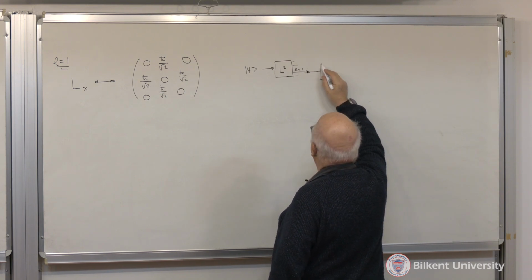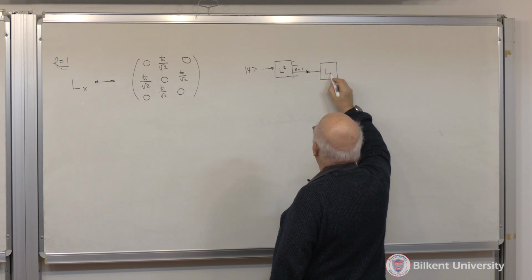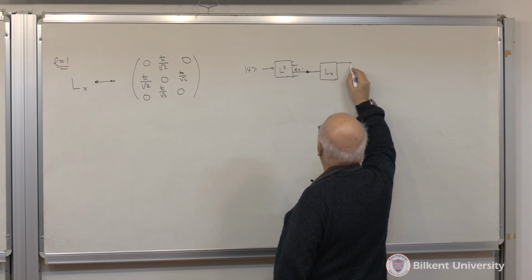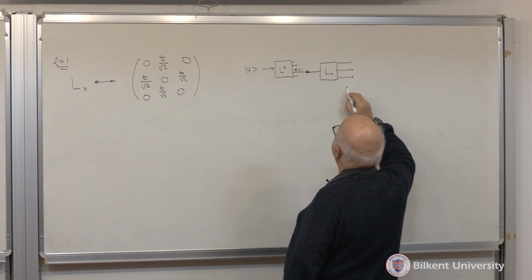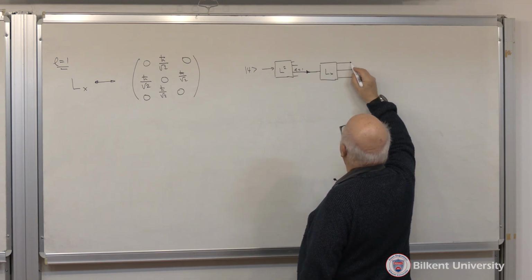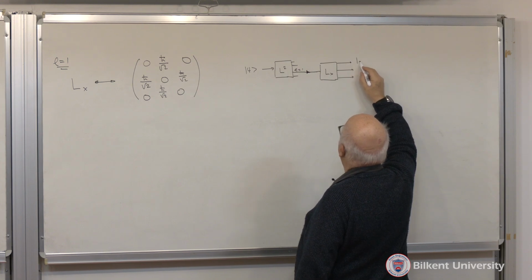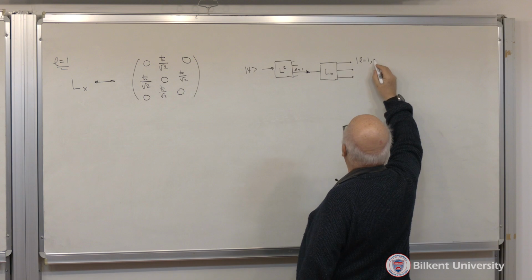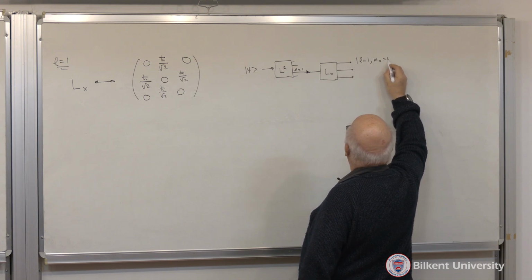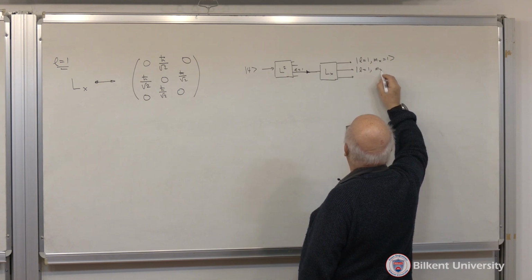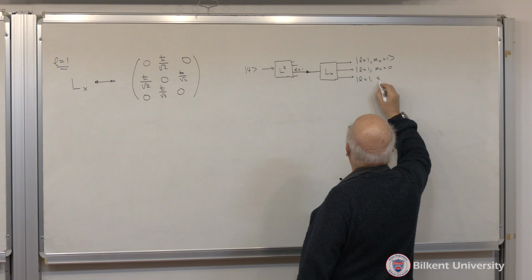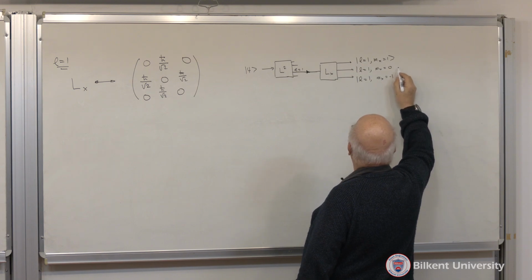So I now take this and carry out a measurement. If I carry out an Lx measurement, then I'm going to get eigenstates of Lx which correspond to total angular momentum 1. Let me write them out explicitly: l equal to 1, mx equals 1; l equal to 1, mx equals 0; l equals 1, mx equals minus 1.